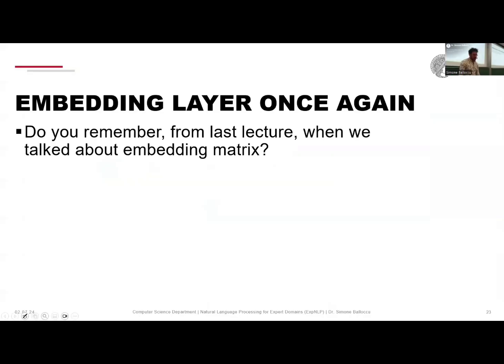So do you remember last lecture that we saw an embedding matrix? Raise your hand if you remember. Okay. So you want to tell us what you remember? What was it? It's okay. No, it's not graded.